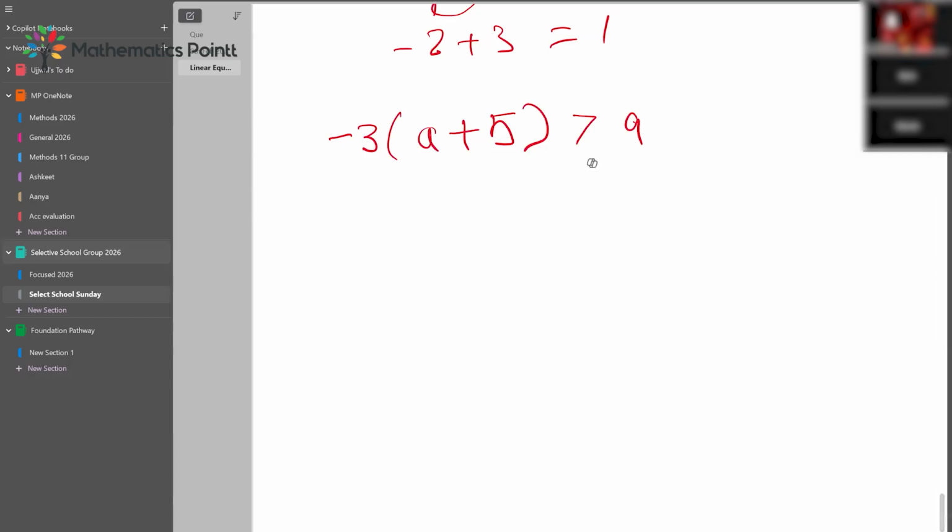Go for it, solve it. Open the brackets up first, Karan.